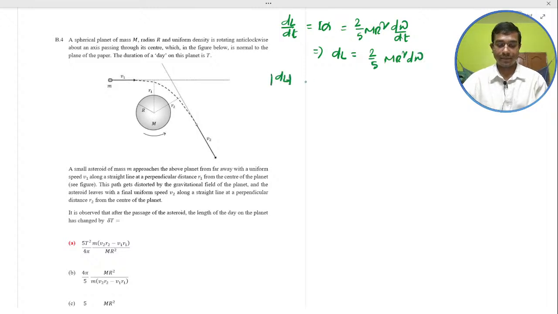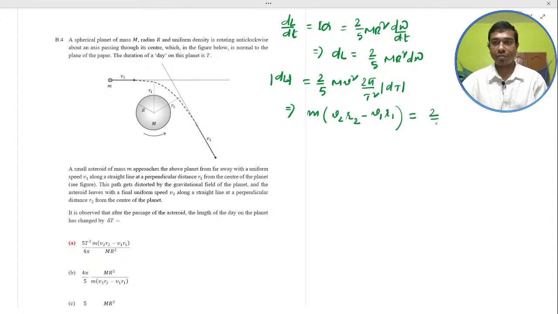So the mod of dL, this is 2 by 5 m r square, twice pi by t square, mod dt. That means m(v2 r2 minus v1 r1) is equal to 2 by 5 m r square, twice pi by t square, dt.